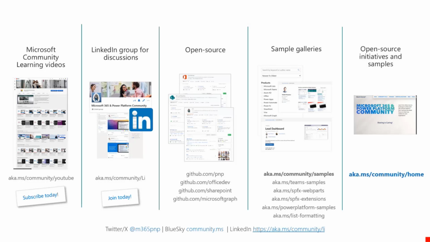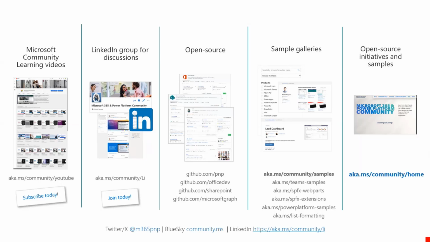We've also got our LinkedIn group for discussions, so everybody can be part of a collaborative opportunity there in LinkedIn, so go check that out. We've got a number of open source tooling, so things like PnP.JS, CLI for Microsoft 365, and a number of other amazing tools that you'll also hear more about today. And of course, we would not be anything without all of our amazing samples provided by all of you, sample galleries that are spanning the spectrum of broad topics from Teams to SPFX to Power Platform to list formatting.